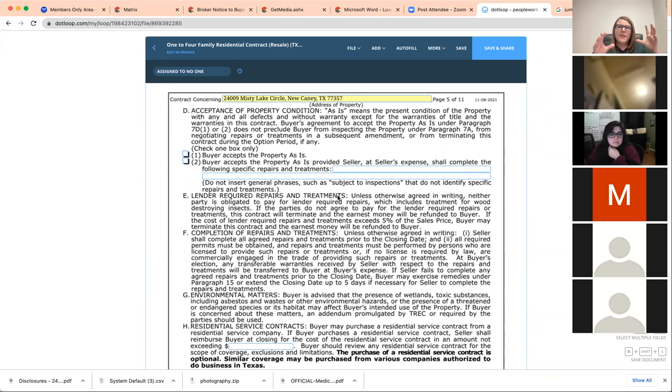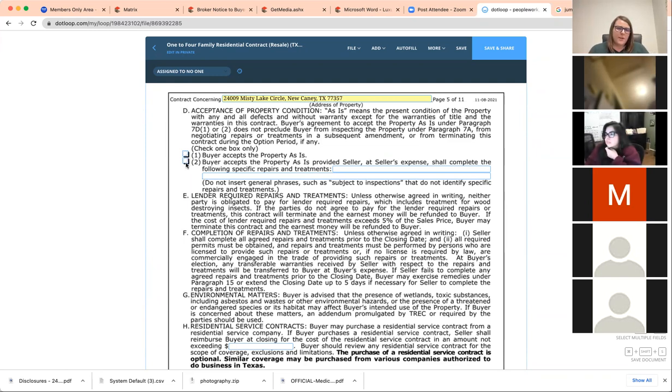No, they are accepting it as is without any automatic negotiations until you do inspections. So if you check off 1, they're saying they're accepting it in the condition it is with this offer right now. And then they're gonna do inspections and we may renegotiate.